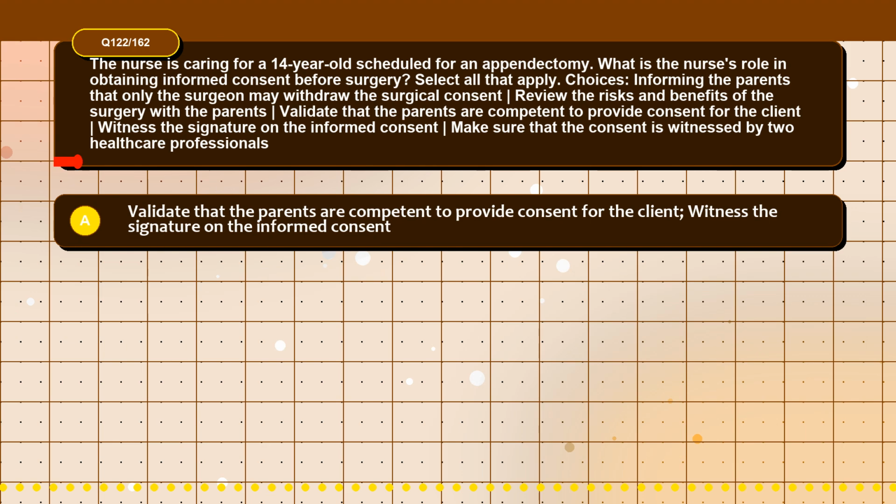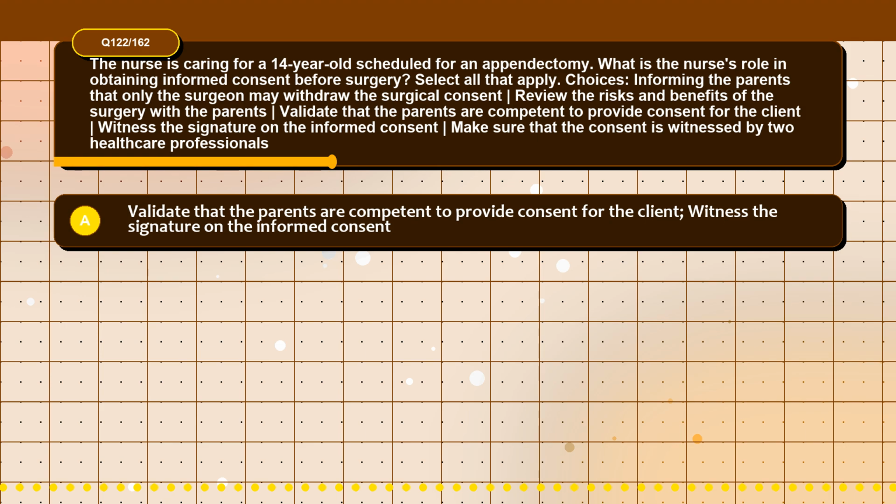Question 122. The nurse is caring for a 14-year-old scheduled for an appendectomy. What is the nurse's role in obtaining informed consent before surgery? Select all that apply.